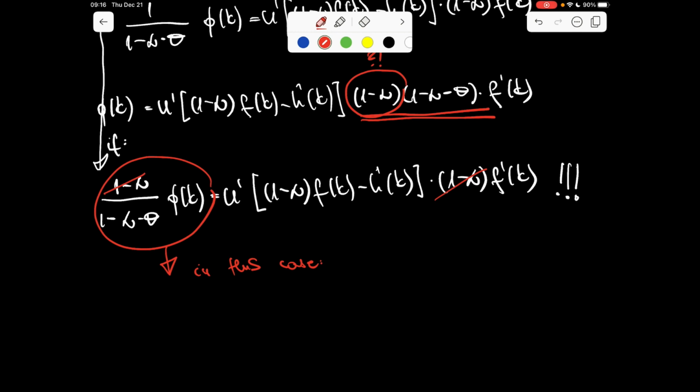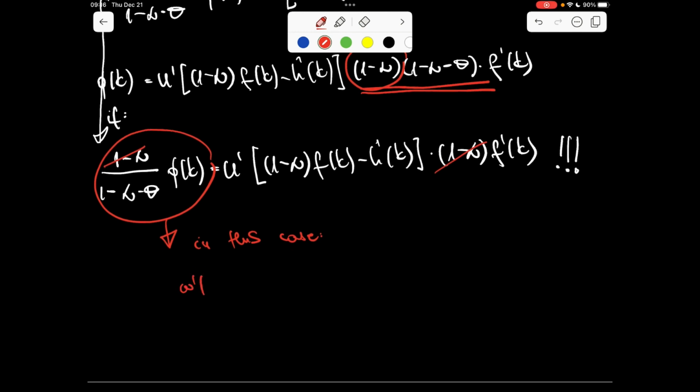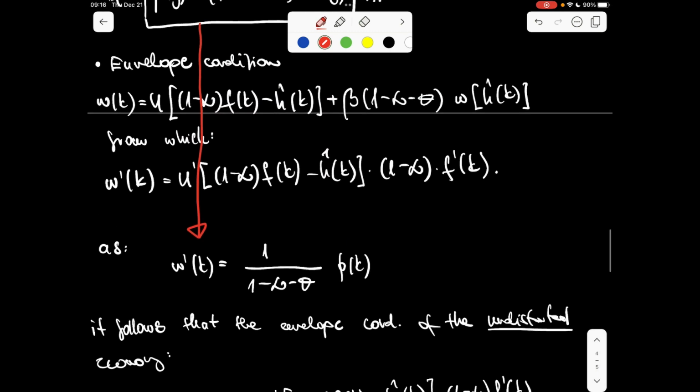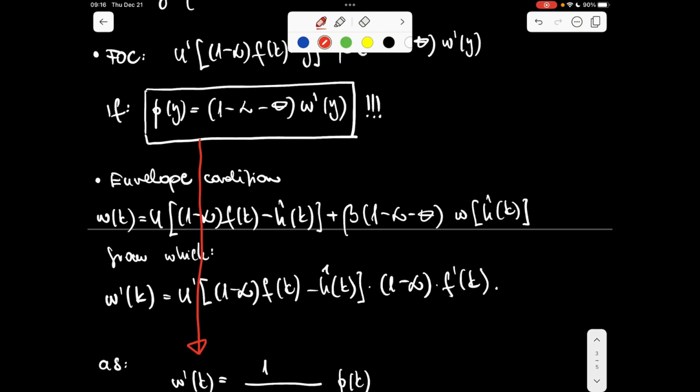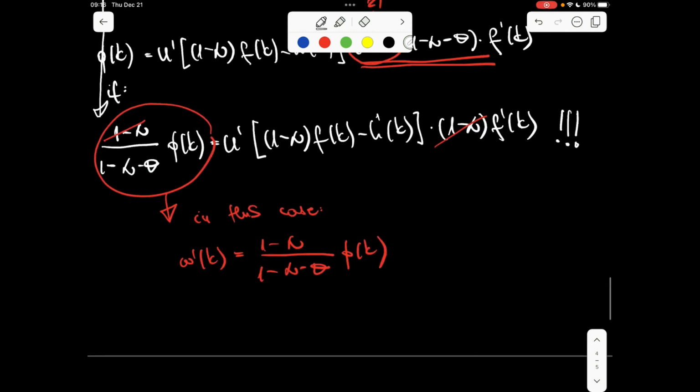In this case, we have this relationship between the two economies, instead of this one. So it wasn't the best possible solution.